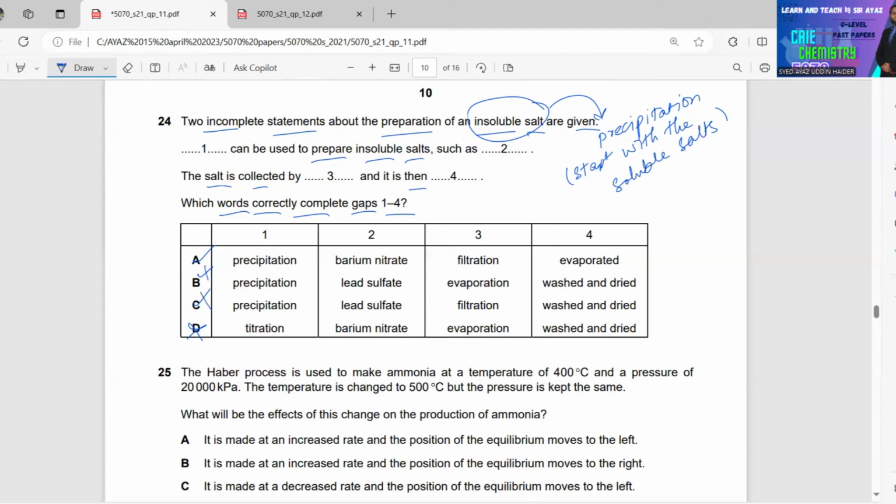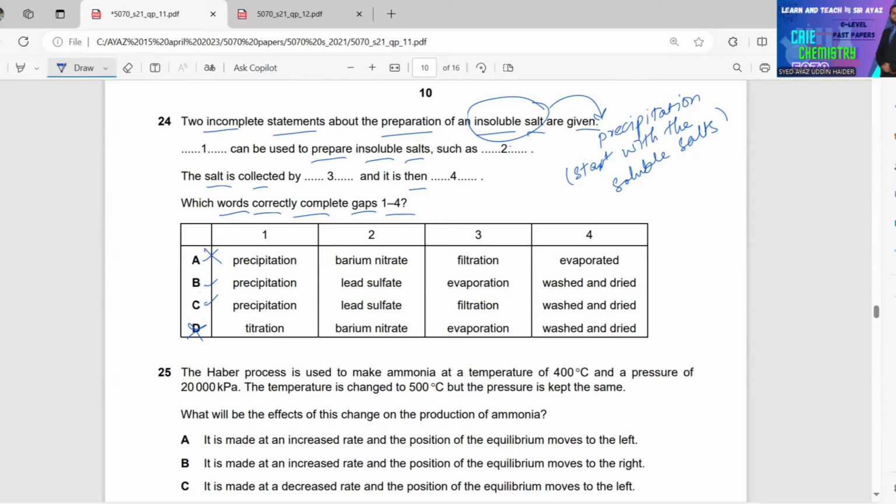So both B and C is incorrect straight away. Sorry, they are saying that we need to prepare insoluble salt, so you have to pick up the salt which is insoluble. So A is incorrect. Either B is correct or C is correct, because lead sulfate is insoluble one.